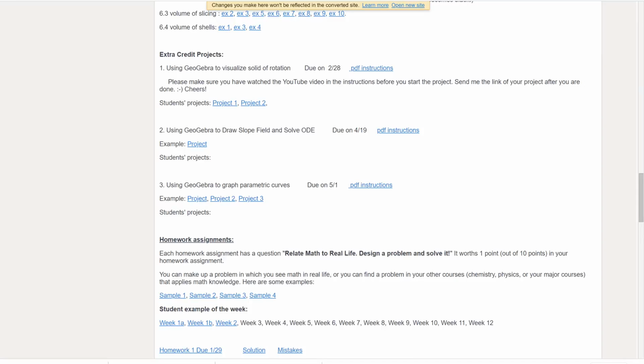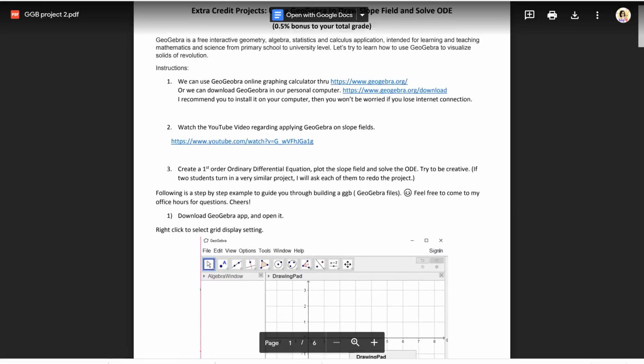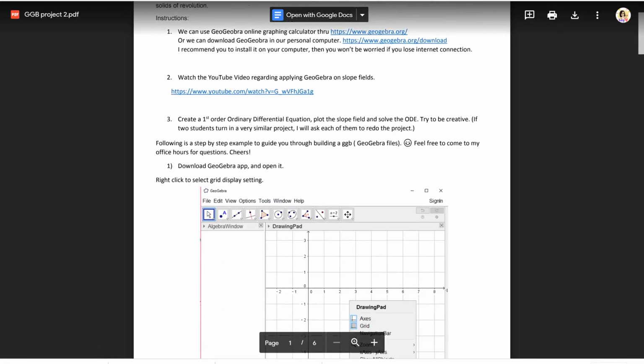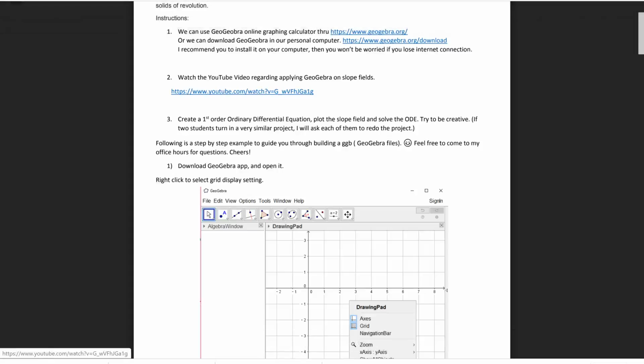Okay, and then so let's look at the second one. Use GeoGebra to draw slope field and solve ODE. So this project, here is a PDF instruction. Okay, so you can use GeoGebra online or download it on your computer. Okay, and please watch this video about how to draw slope fields.